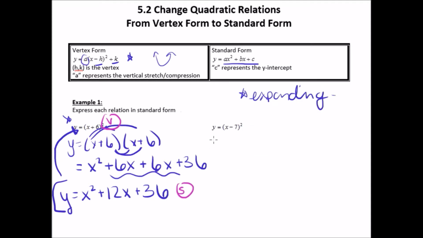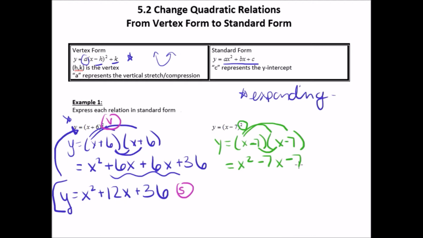Now let's try the next one. And sometimes you should try them, maybe put me on pause, try them and then come back and see if you have it correct. So y equals x minus 7 squared. As soon as you see this squared, you can write this bracket next to itself. x times x is x squared, x times negative 7, negative 7x.